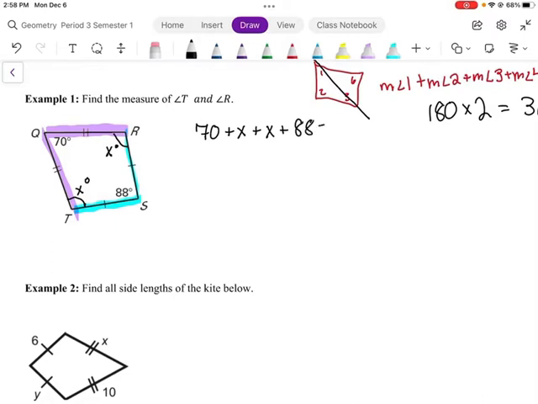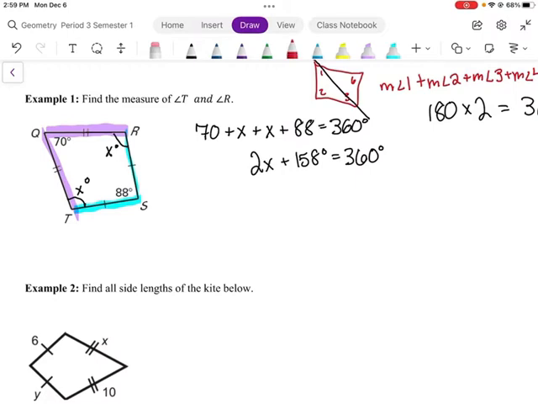And we know the sum of all 4 angles equals 360 degrees. So we can set up our equation, adding all of them together and putting it equal to 360. And if we simplify by combining like terms, we'll get 2x plus 158 degrees equals 360.